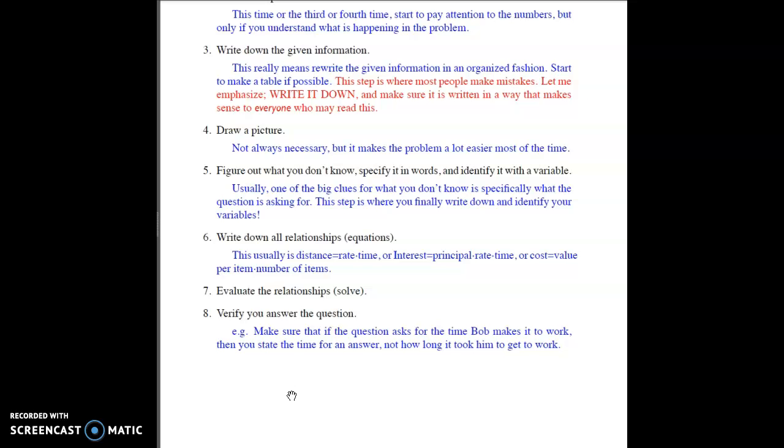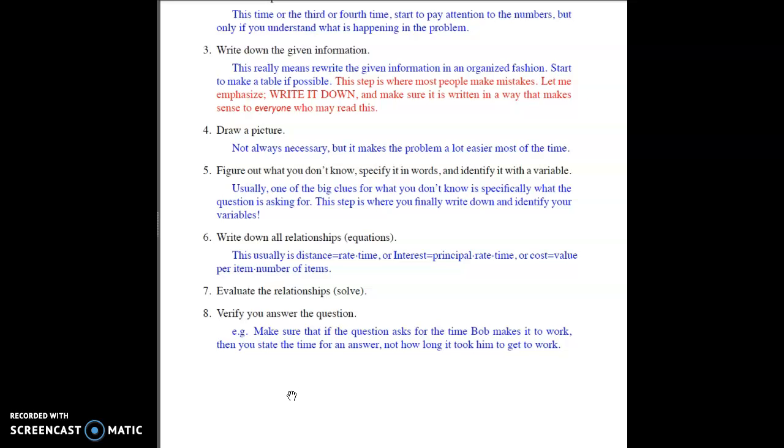Say they tell you the distance the racer went, and they tell you how long it took the racer to get from point A to point B, so you know the time, but they don't tell you how fast he went, the speed. That just might be your variable. You might want to call that R, and then you can solve for that, because now you have the distance equals R times the time. So write down what you know, write down the actual equation first, and use the substitution method to fill those coefficient values in.